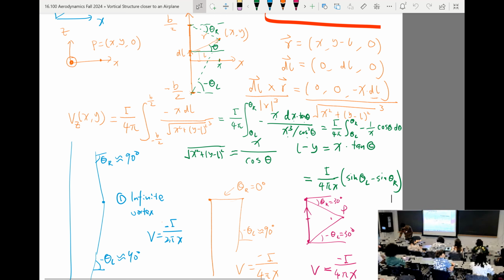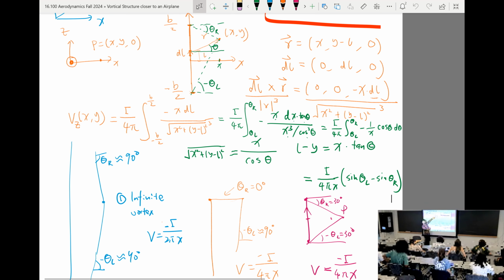Let's consider some other scenarios. What if I have a vortex that is only infinity to one side, but on the other end, it ends exactly at the same y position as my observation point? In that case, still, what is theta L?